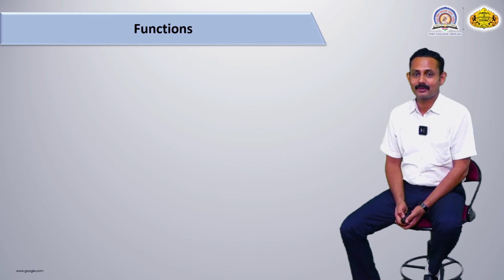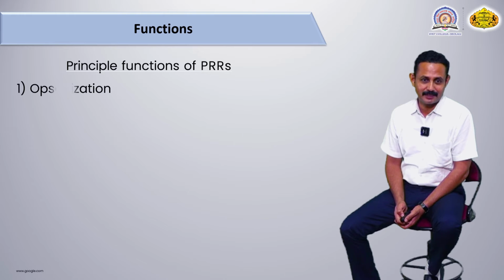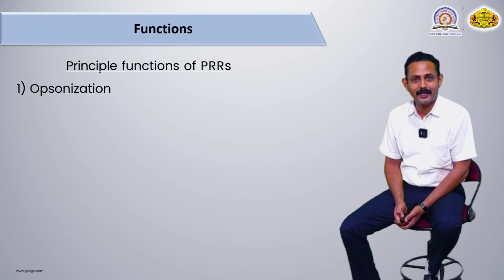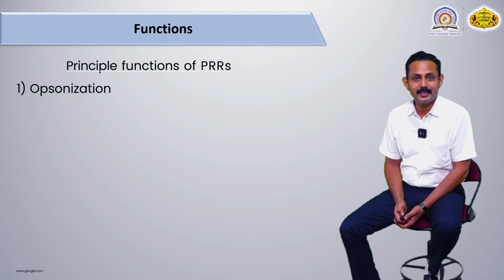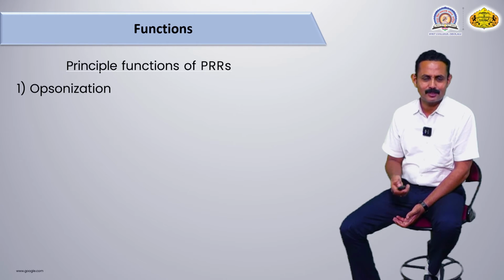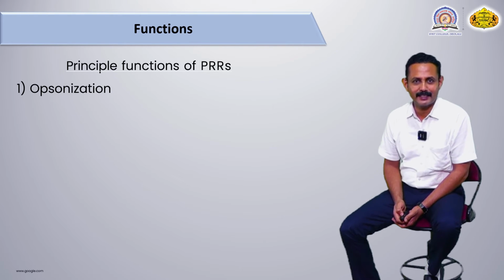Now let us see the functions of these pattern recognition proteins. Following are the principal functions of these pattern recognition receptors. First is called opsonization. Opsonization is a very important mechanism in phagocytosis, where opsonins are present, these molecular secretions, and against them, on the surface of the phagocytic cell, there are receptors.